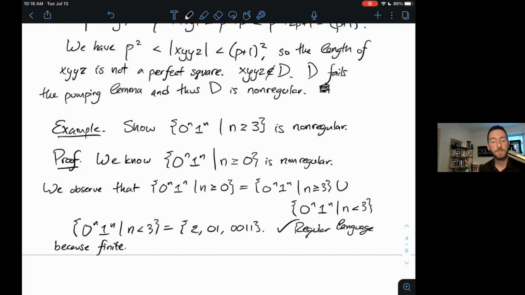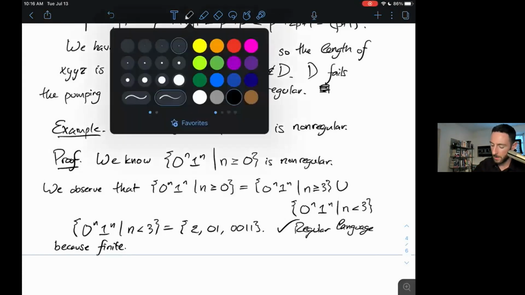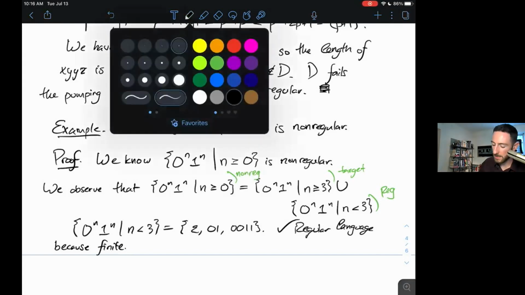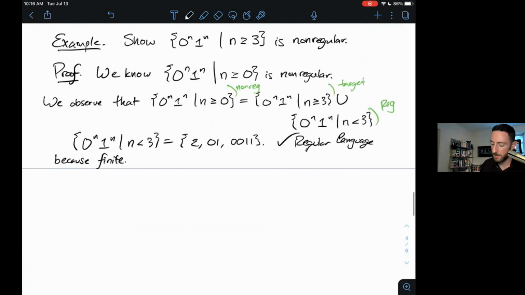So, okay, I've set up this interesting equality that the union of a regular language and our target language is a non-regular language. And I claim this shows that our target language is non-regular.